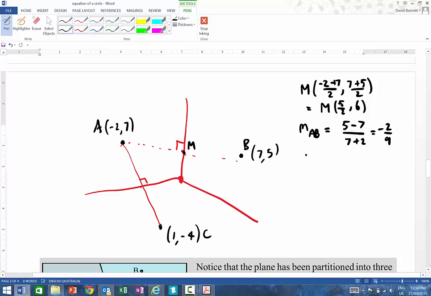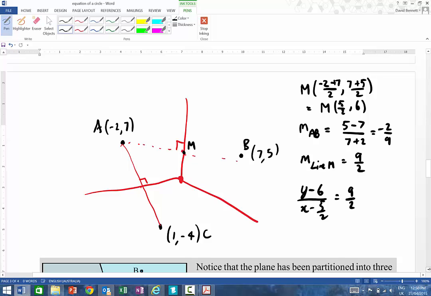Therefore the slope of the line through M is equal to 9 on 2, isn't it? Now we've got the point and we've got the slope, so we can go y take 6, x take 5 on 2, that's equal to 9 on 2.